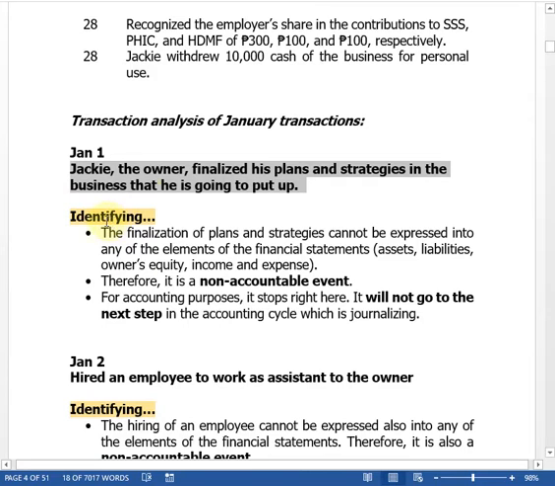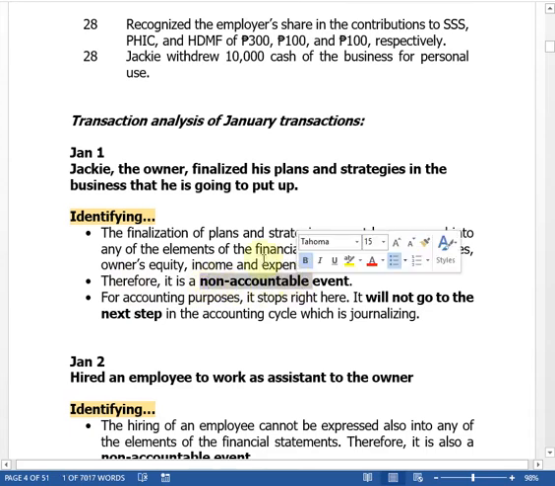But for journalizing and the rest of the accounting cycle, since this one will not affect any of the elements, it is not journalized, though its importance is not lost. Since it cannot be converted into any of these elements, it is considered non-accountable and therefore it will not be journalized. That's the point there.